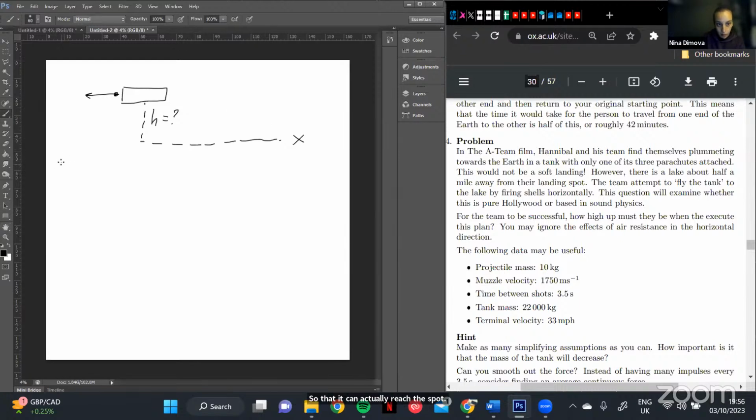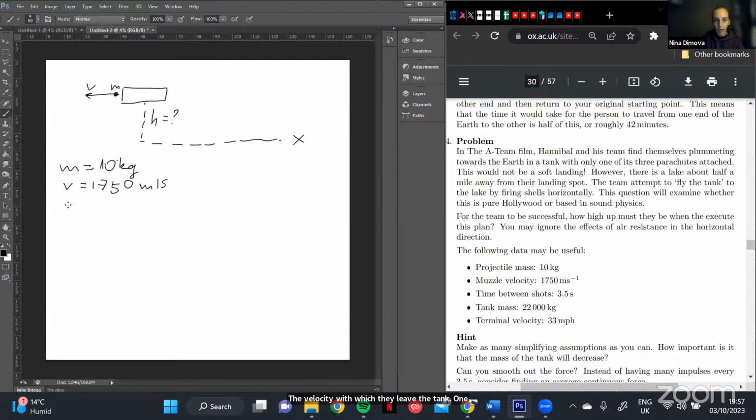So we are given some numbers in the question. We have the projectiles which are being thrown from the tank. Their mass is 10 kilograms. The velocity with which they leave the tank is 1750 meters per second.